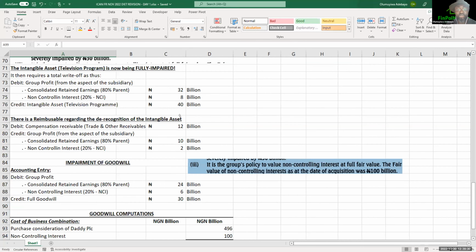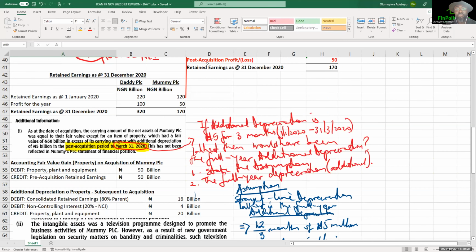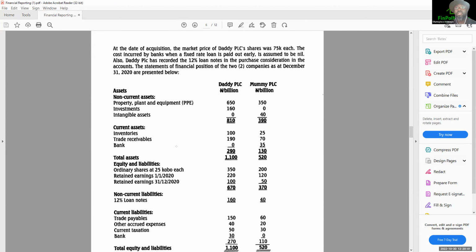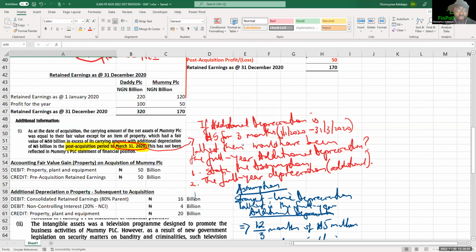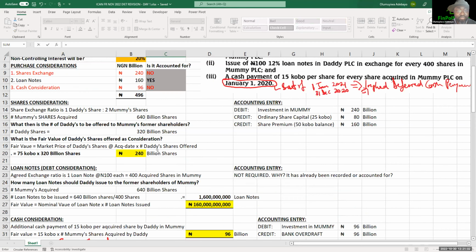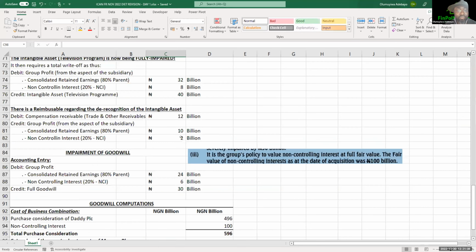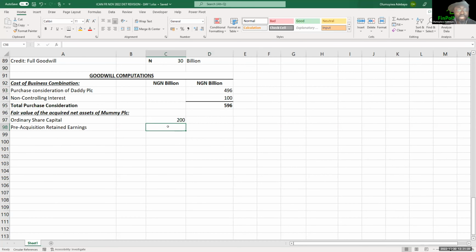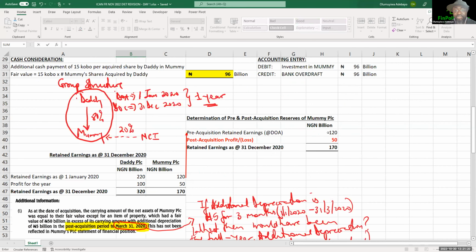Now, let's go back to the question. The share capital was 200, and I think we have it somewhere here. And the pre-acquisition retained earnings, which we have determined before now, we have it here as 120.